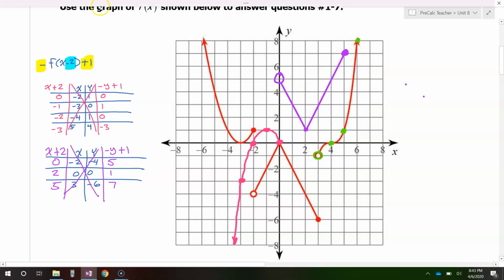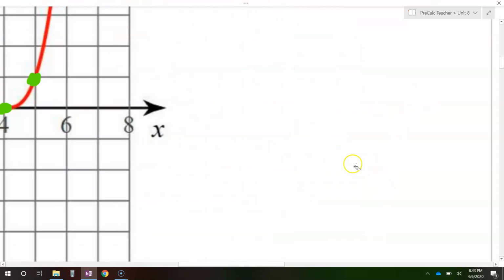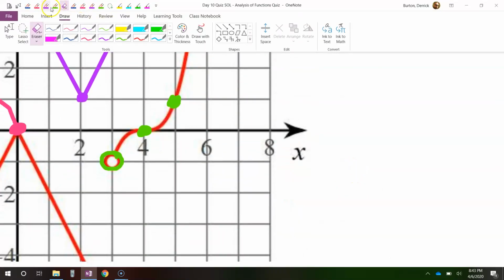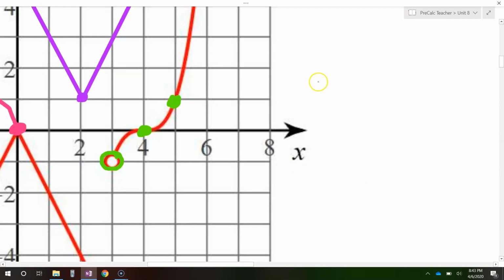So let's make our little table off to the right this time. All right, so x and y. So this open circle is at 3, comma, -1.